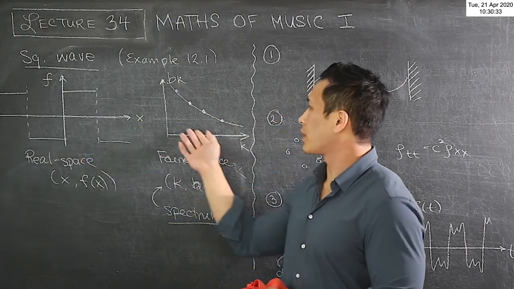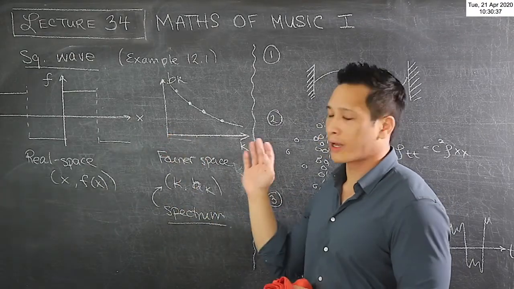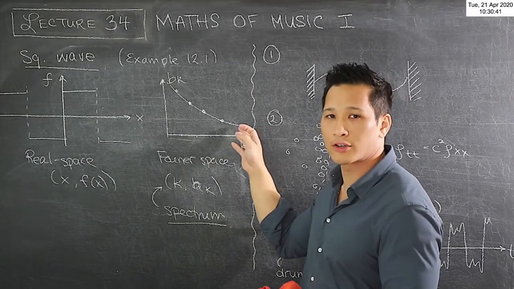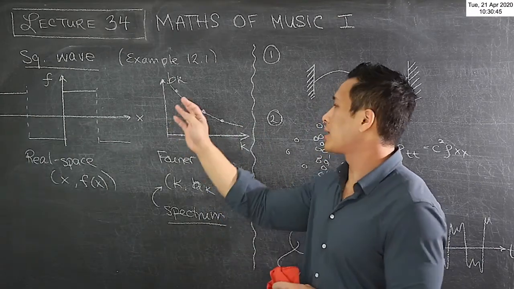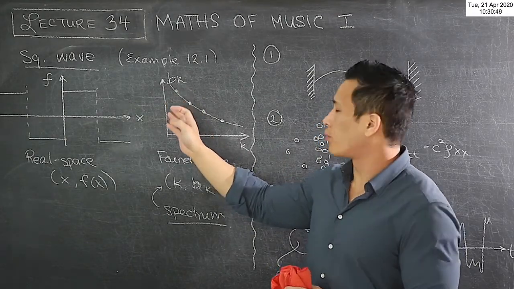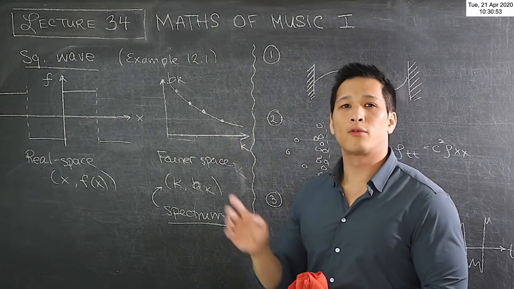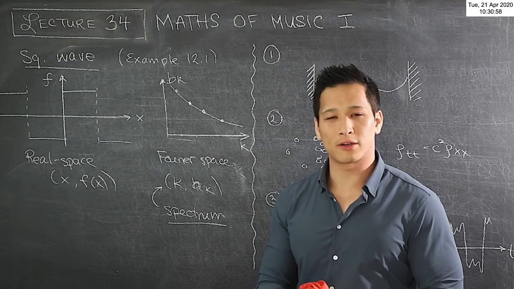Different signals will have different profiles here. Now, one universal aspect of a good profile is that it should decay as k increases. And the reason why it should decay as k increases is that if you had a signal where the spectrum increases as k goes to infinity, well, firstly, that doesn't bode well for the convergence of your Fourier series, right?